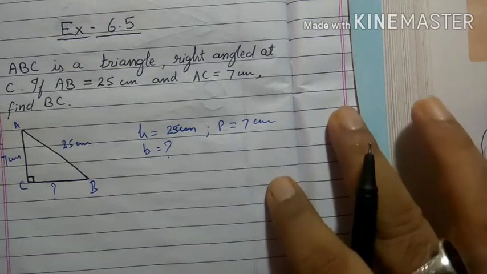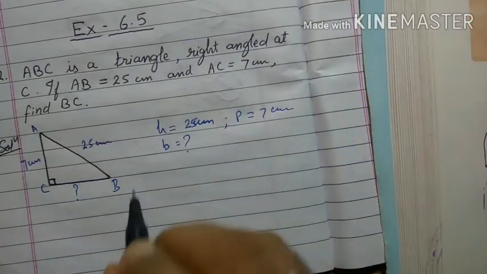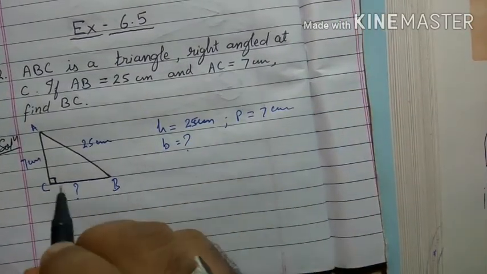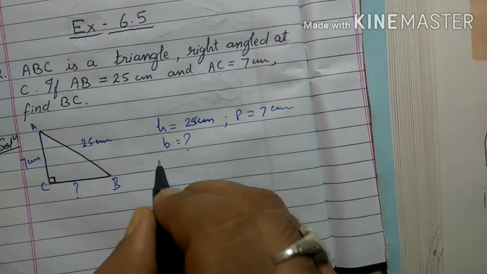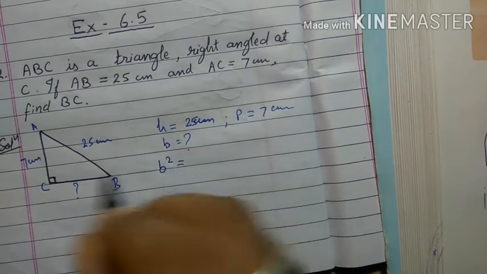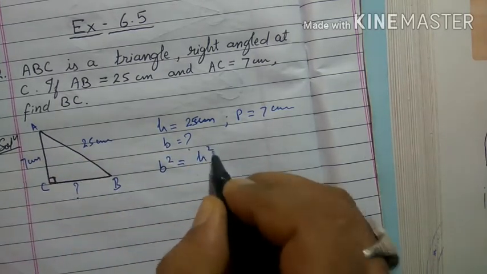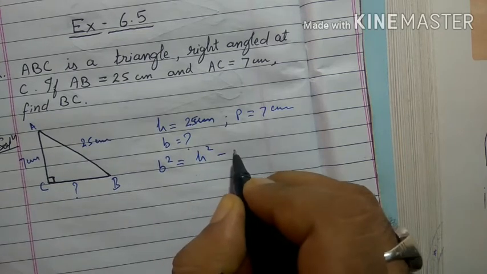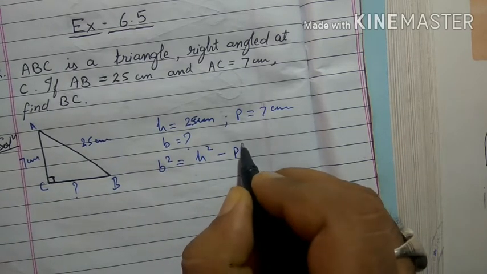So we apply Pythagoras theorem: base square is equal to hypotenuse square minus perpendicular square.